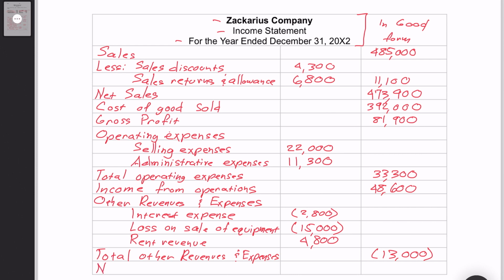And this is going to lead us to our final step, which is our net income. So we'll take our $48,600 income from operations, subtract out our total other revenue and expenses, and we end up with $35,600 as our net income.